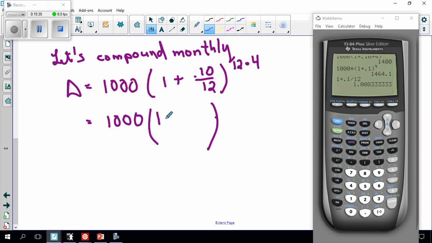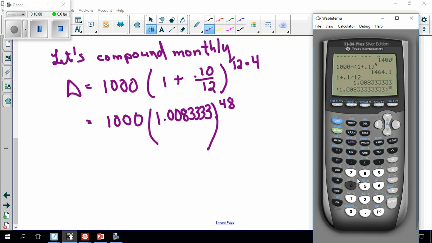Give yourself plenty of decimals. 6, 7 decimals. That should get it done. 12 times 4, 48. So this is what you do if you don't have a fancy calculator like me. You do this math, you get a whole bunch of decimals. Then you go 1,000 times 1.1281233. You can go a lot more than that. Raised to the 48. Whoa, yeah. Look at that.